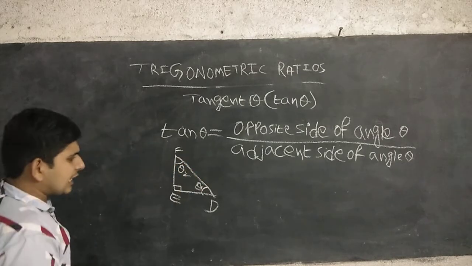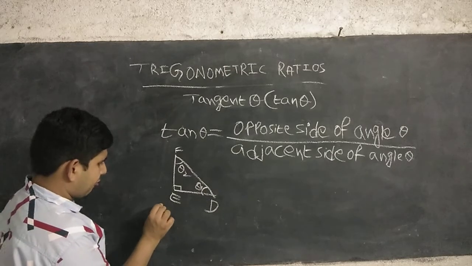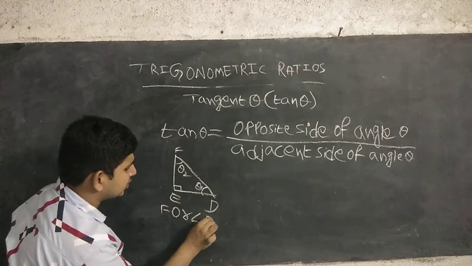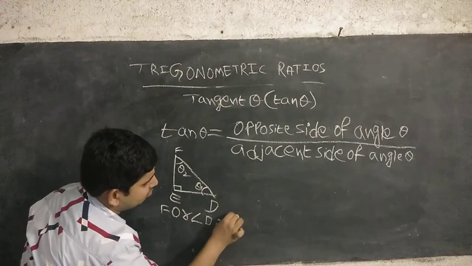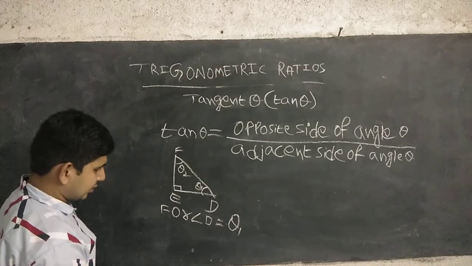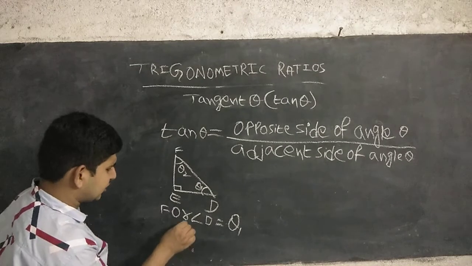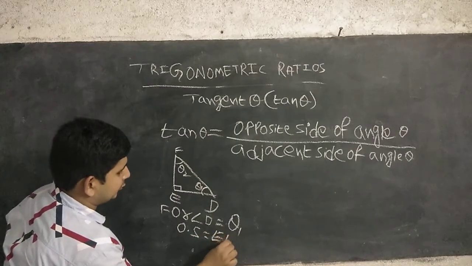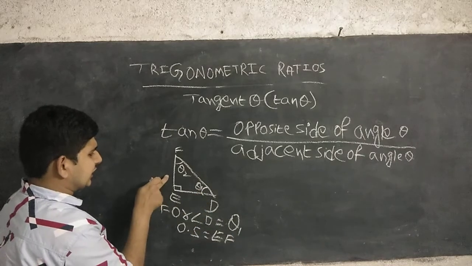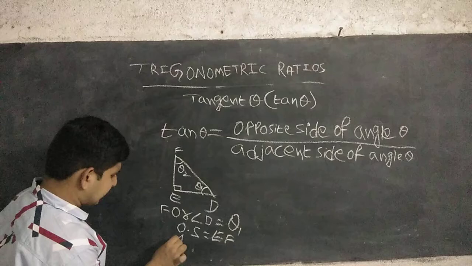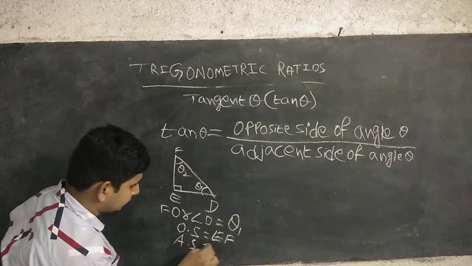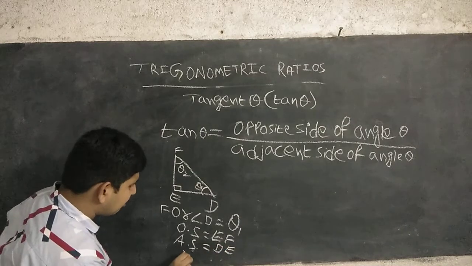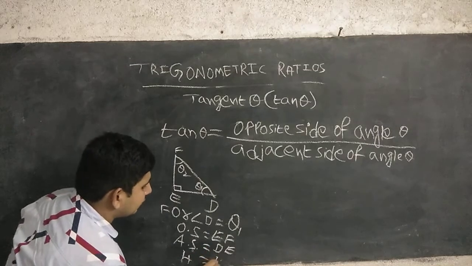For angle D equal to theta 1, the opposite side is EF, the adjacent side is DE, and the hypotenuse is DF.